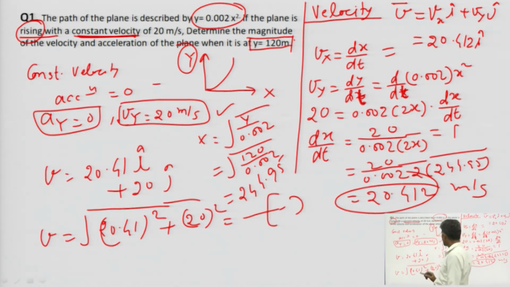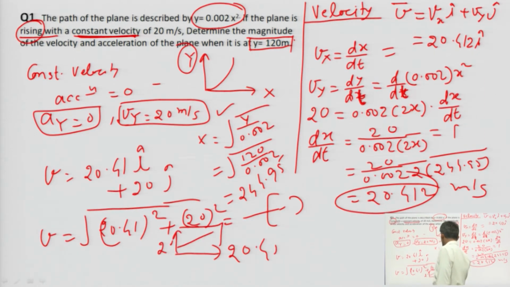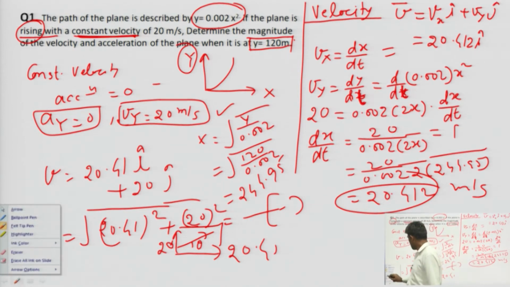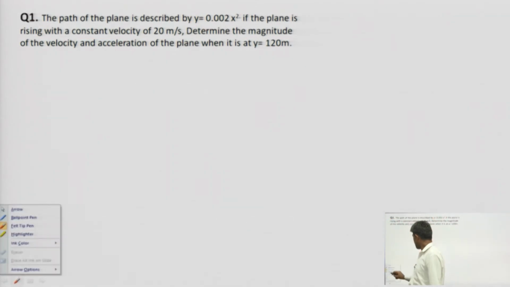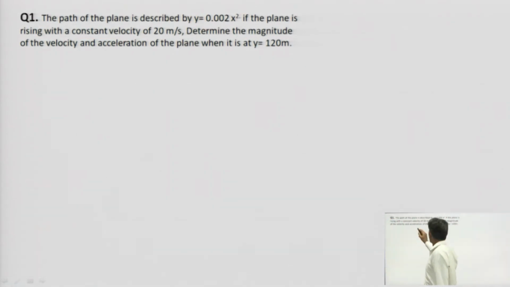For the direction theta, since the x component is 20.41 and the y component is 20, theta is tan inverse of 20 divided by 20.41. By this we have calculated the velocity. Now, let us calculate the other parameter, that is acceleration.